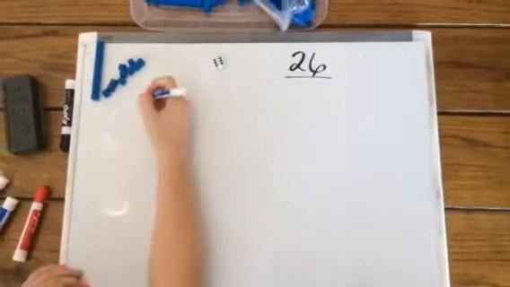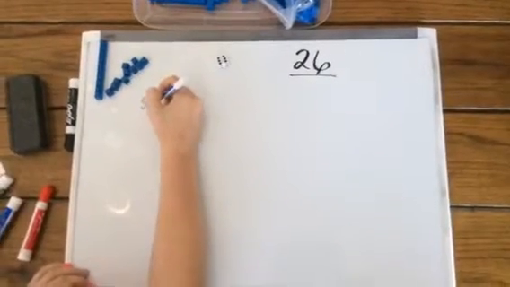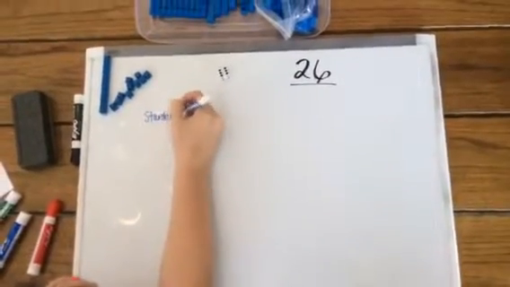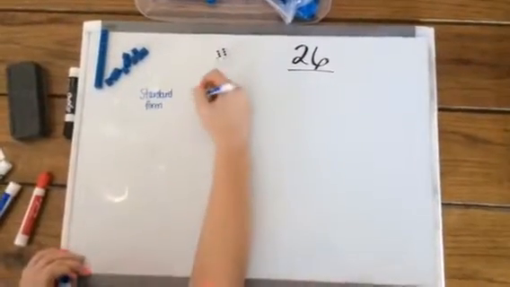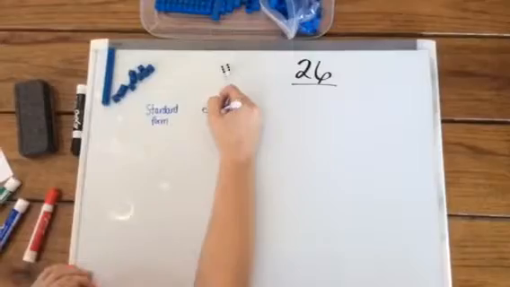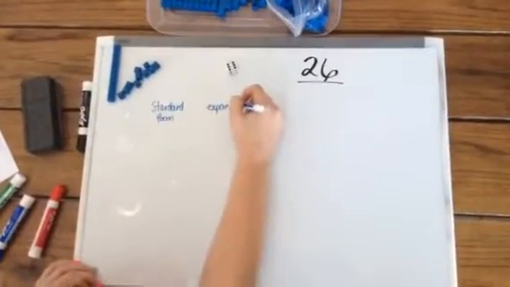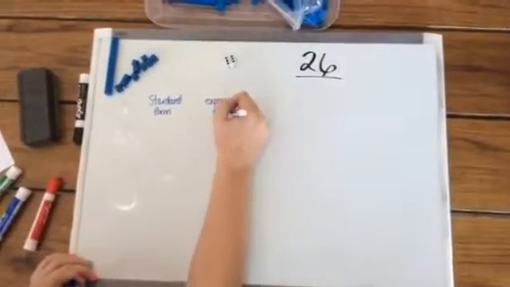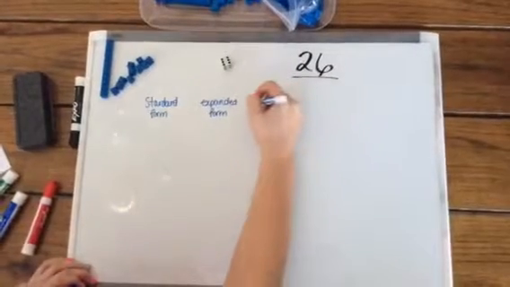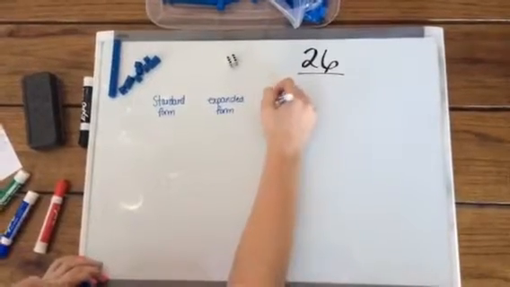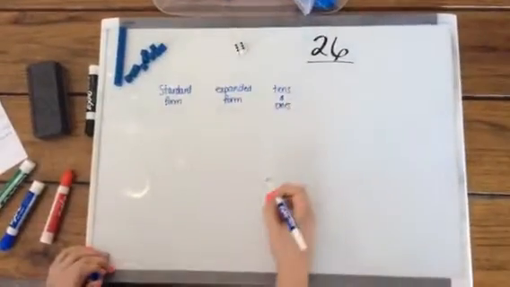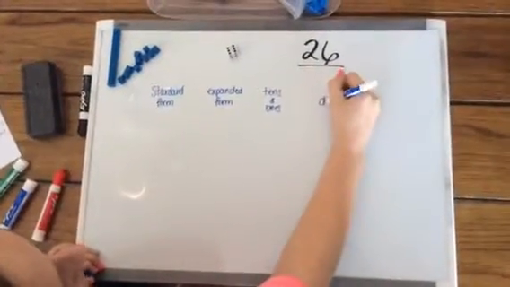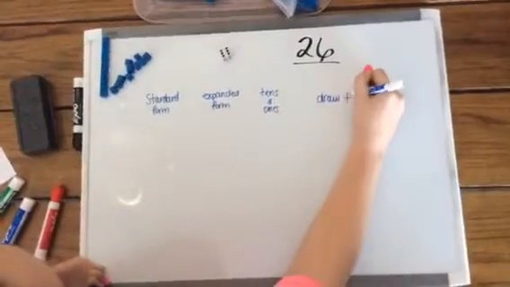Now we want to make a chart. So first, have a standard form column and an expanded form column, and also a column where we will write our tens and ones, and then we are going to draw the number.